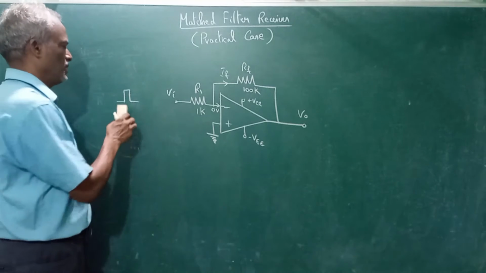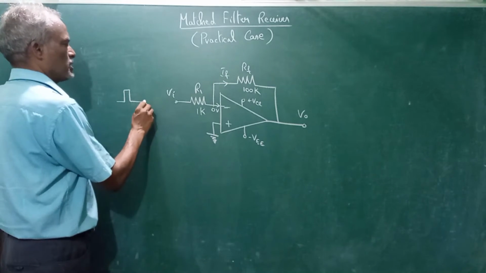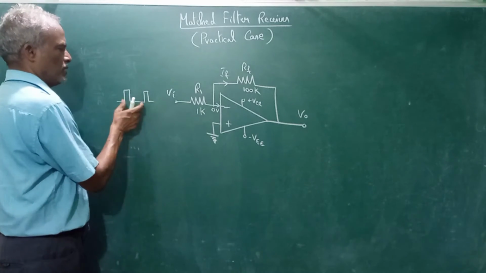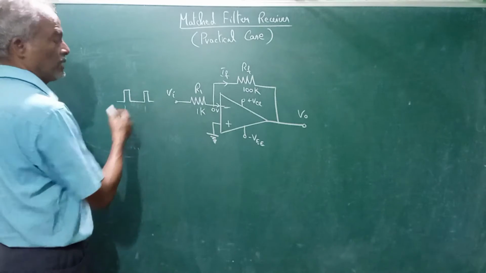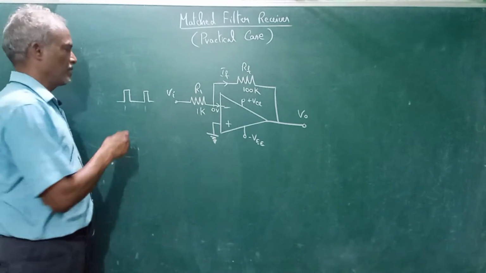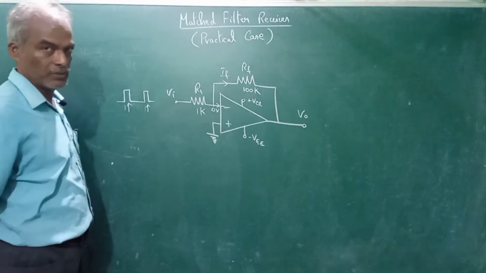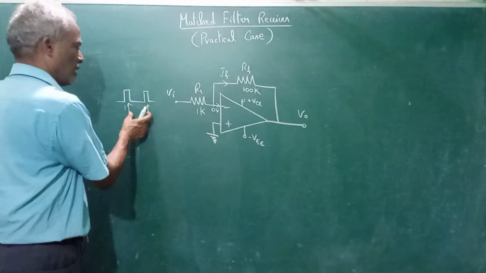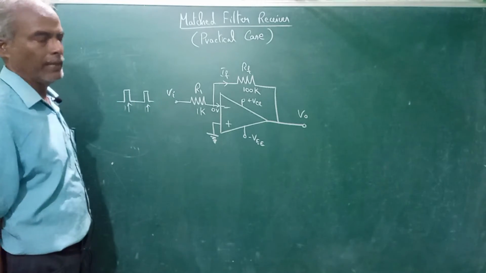But assume I am using a square wave, and once again I am expecting another signal after some period. This is one time period. Afterwards, once again a bit of information is expected. Now we put the best sampling time in the middle of this, and once again the sampling time comes like this. We know this time also, between these two sampling times.